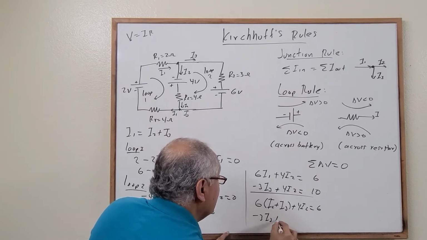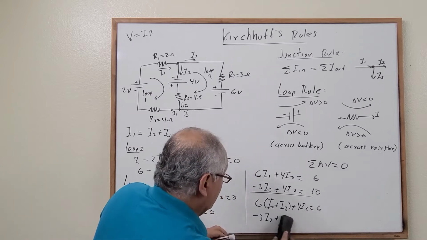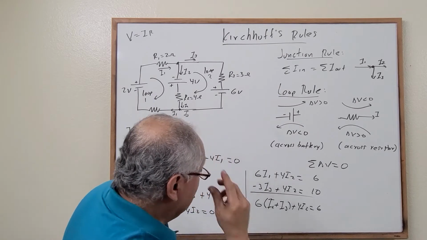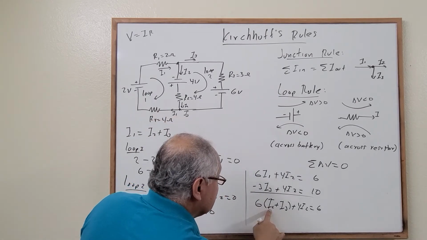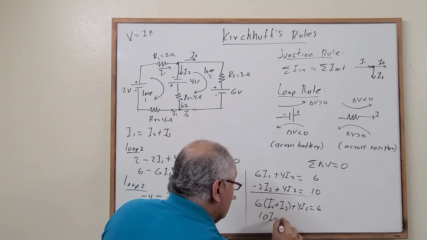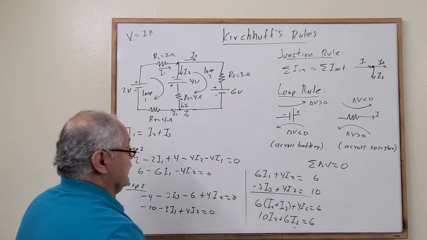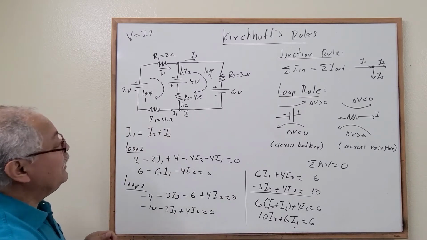Before that, look, we can work with this one. And what do we have? It's going to be 6 current 2 plus 4, 10, right? 10 current 2 plus 6 current 3 is equal to 6. Perfect.